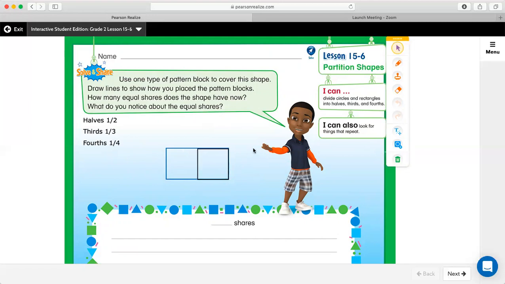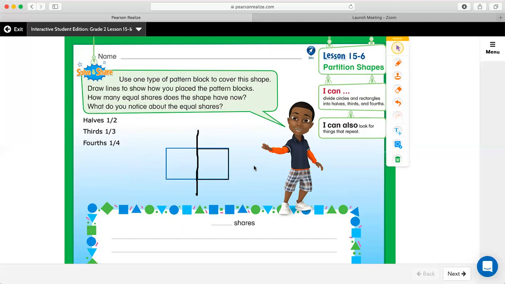I could have easily taken a line and drawn it as straight down the middle as I can on the computer. But what we've done here is we've divided this shape, excuse my dog barking, into halves. Okay, we have 1/2 on this side, 1/2 on this side.